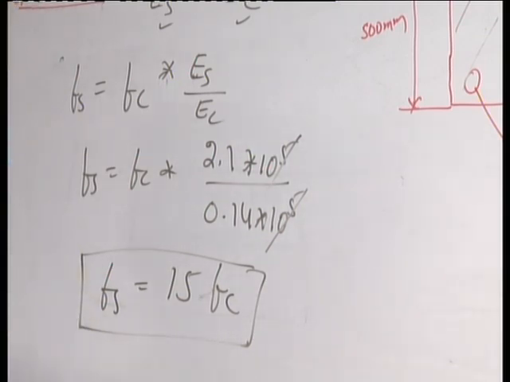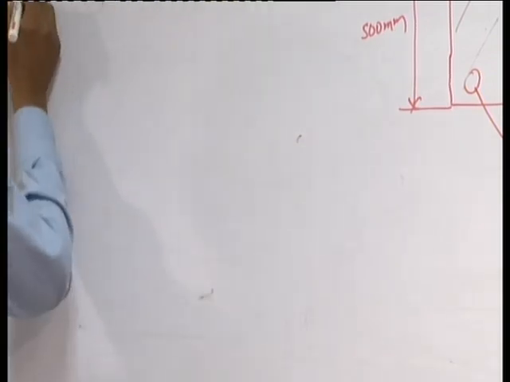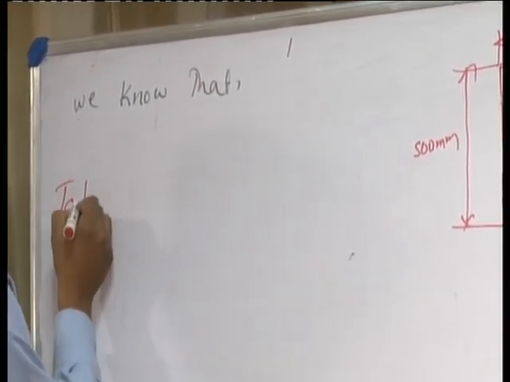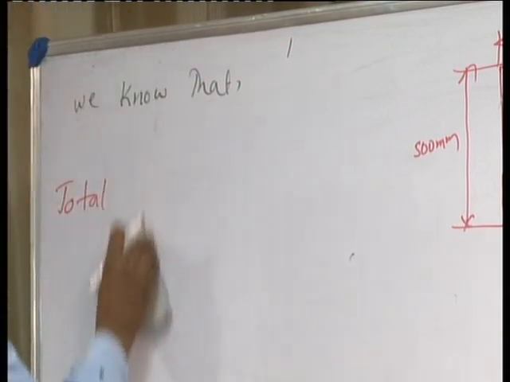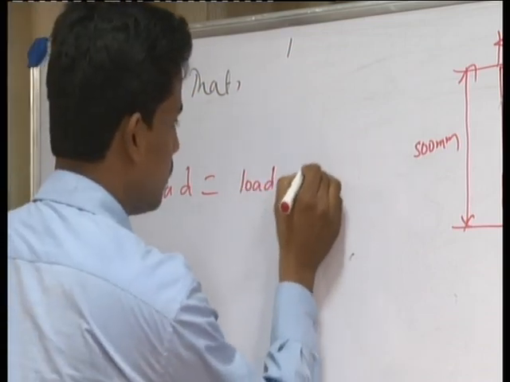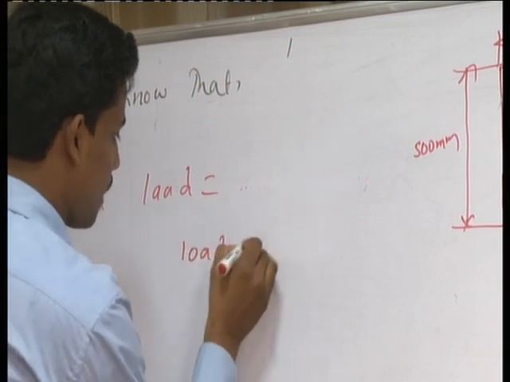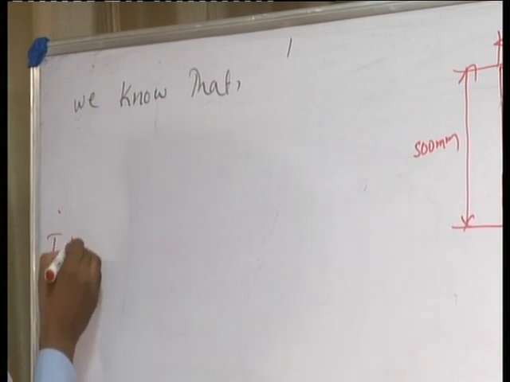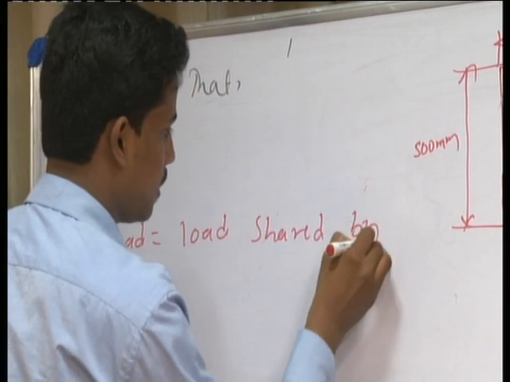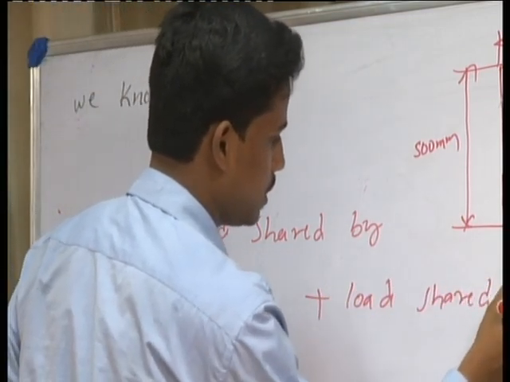Now we know that the total load is equal to the load shared by concrete plus the load shared by steel.